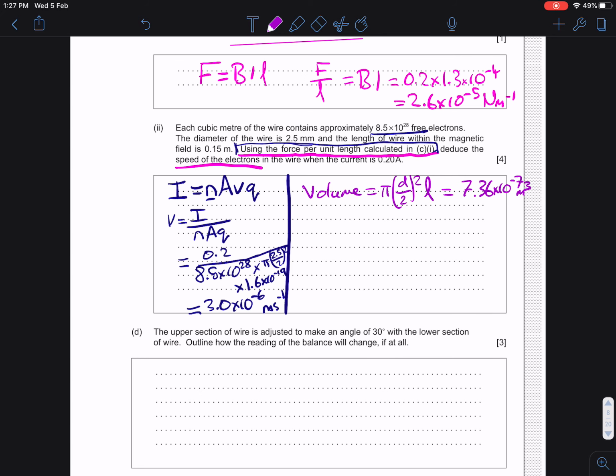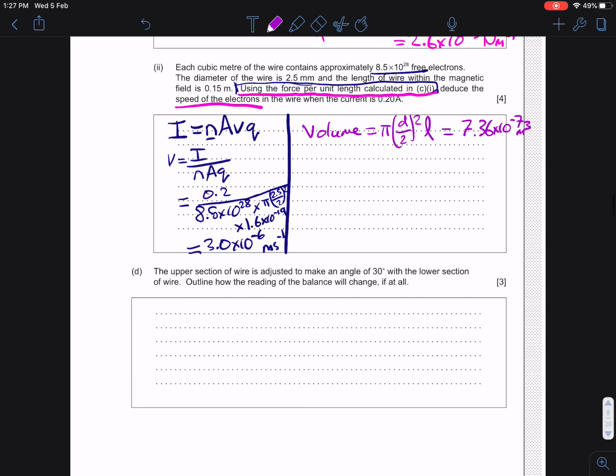We know that there are this many charge carriers in unit volume, so we need to do 8.5 times 10 to the 28 times 7.36 times 10 to the minus 7, which will give us the number of charge carriers in that volume, which is 6.256 times 10 to the 22 electrons.